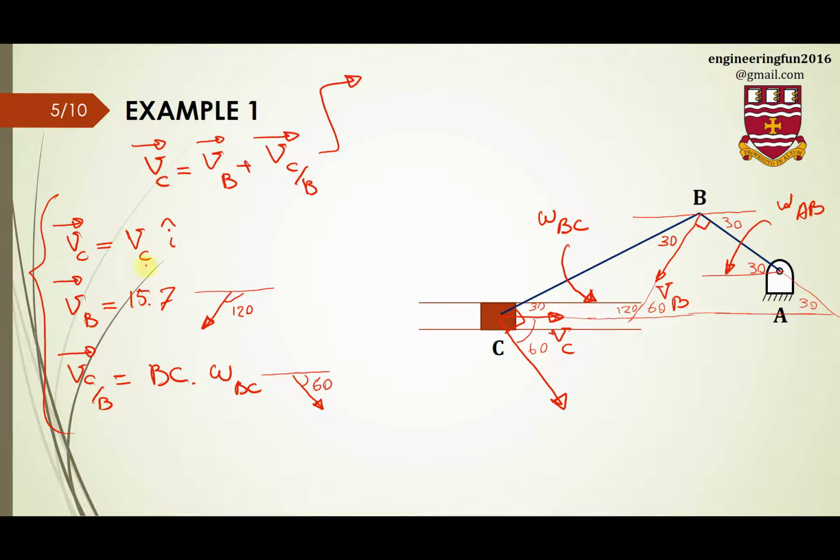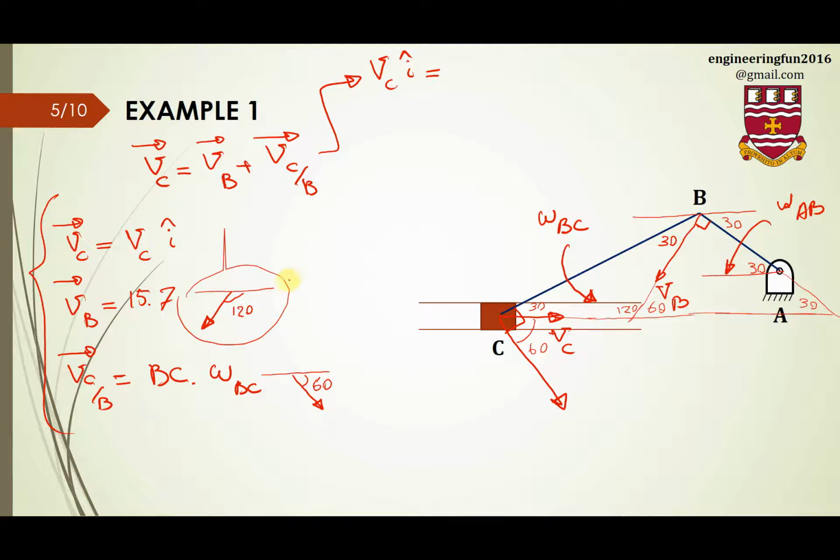Okay, VC is VC times I. So here is VC I equals to VB. This is VB, the magnitude. If I want to put that one here, I need to change this one to the vector. So I need to change this one to sine and cosine.